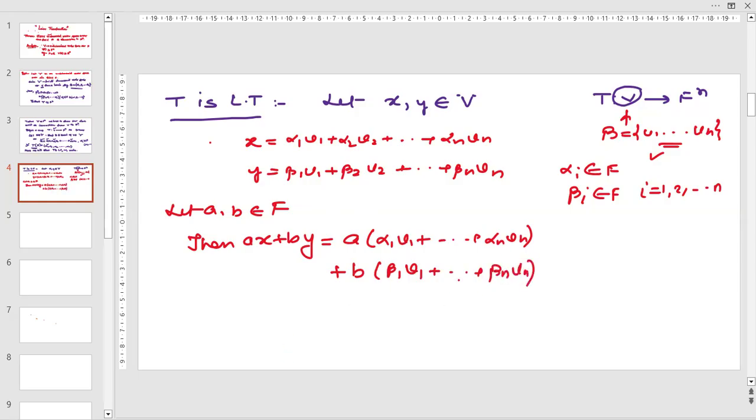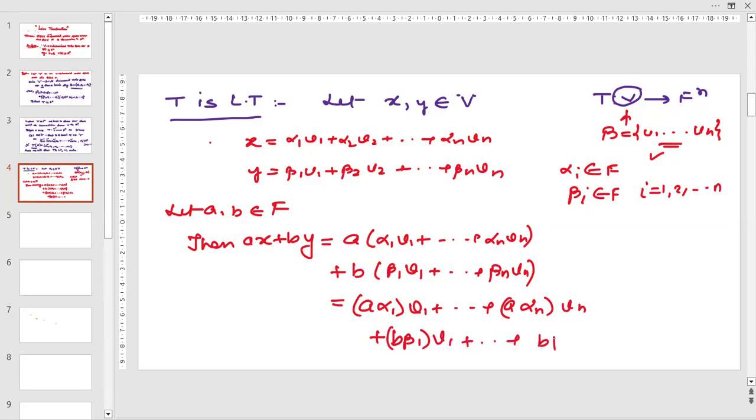So we are putting like this: a alpha 1 V1 so on to a alpha n Vn plus b beta 1 V1 and so on to b beta n Vn.